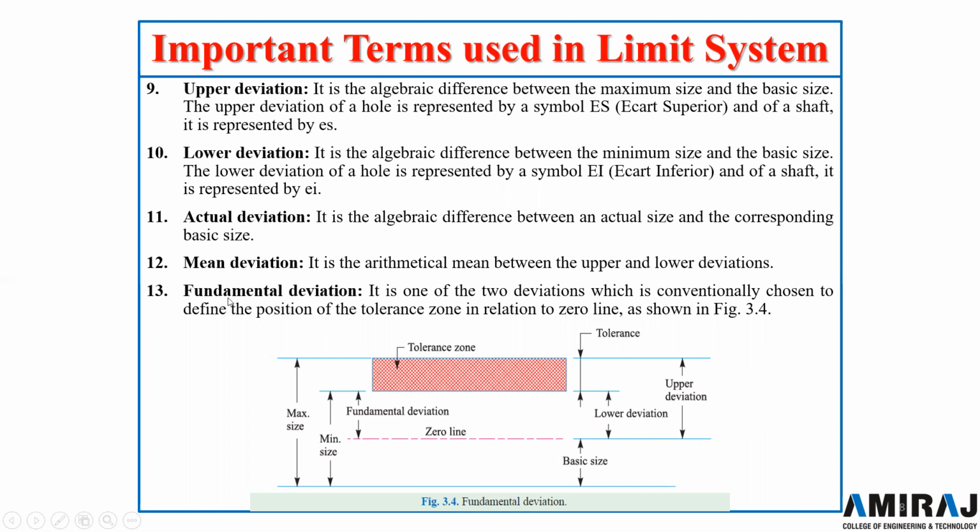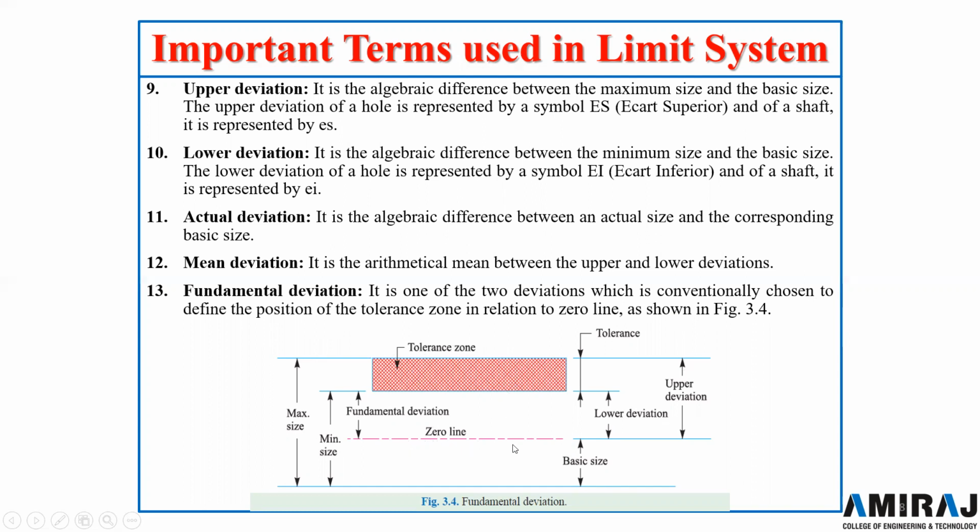And then the fundamental deviation. What do we mean by fundamental deviation? It is one of the two limit deviations which is conventionally chosen to define the position of the tolerance zone relative to the zero line. Now, what is the zero line? Here you can see the basic size, and all the lower deviation and upper deviation are measured from this zero line.